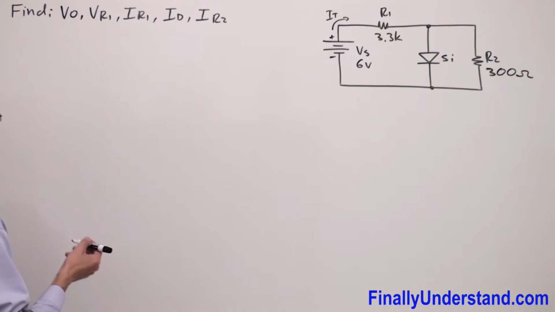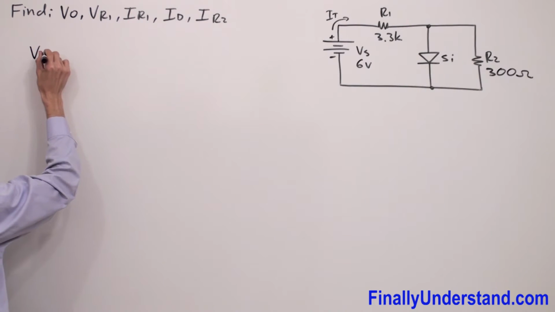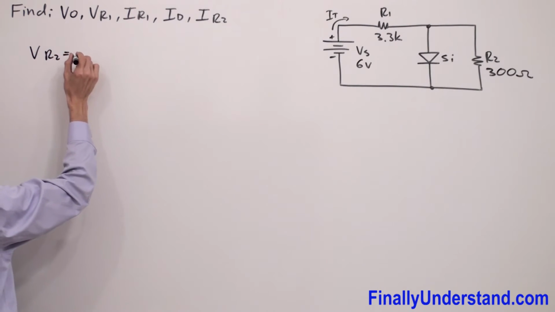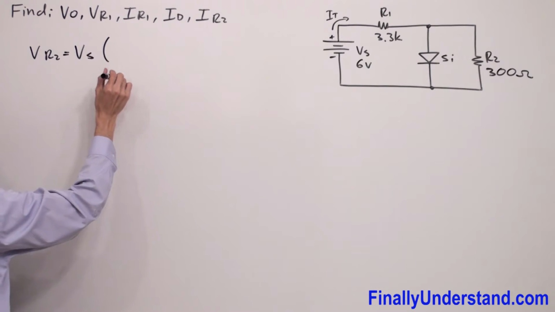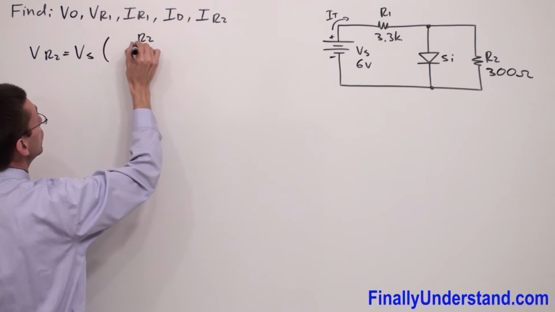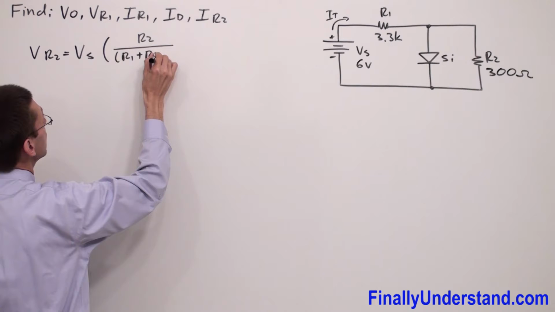So we are going to use the voltage divider formula. VR2 is equal to the voltage source times R2 over R1 plus R2.